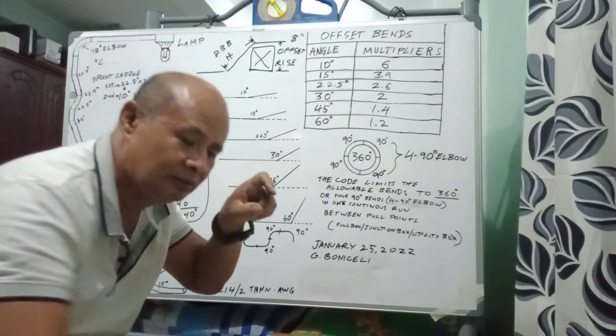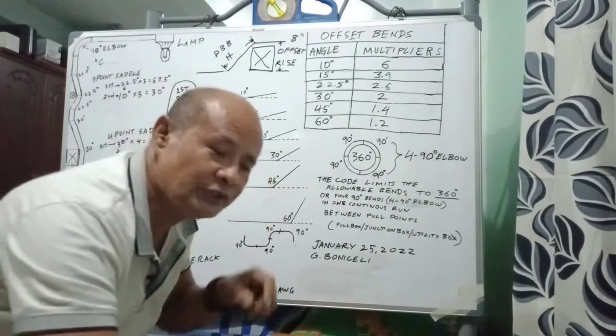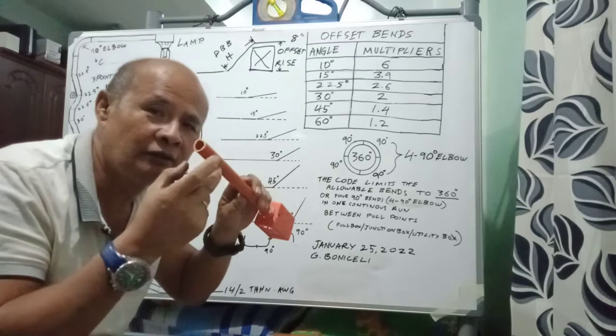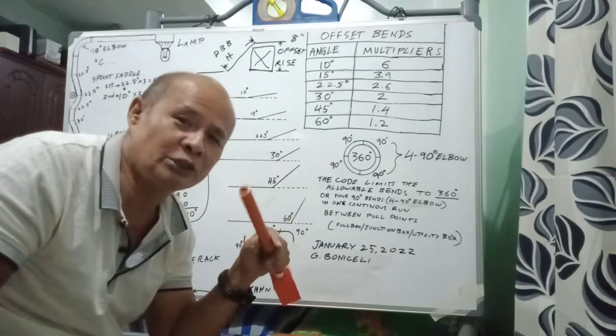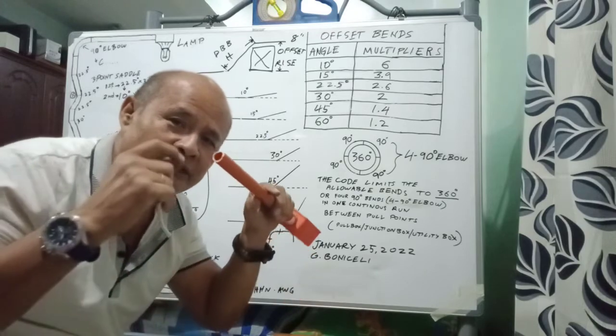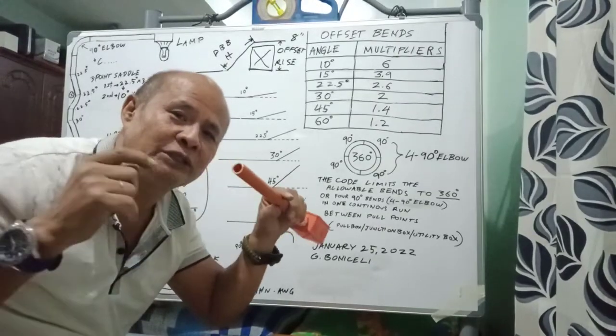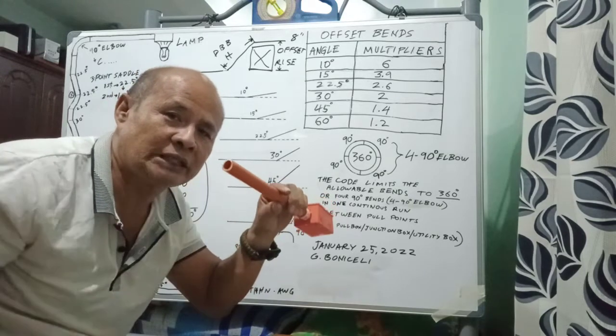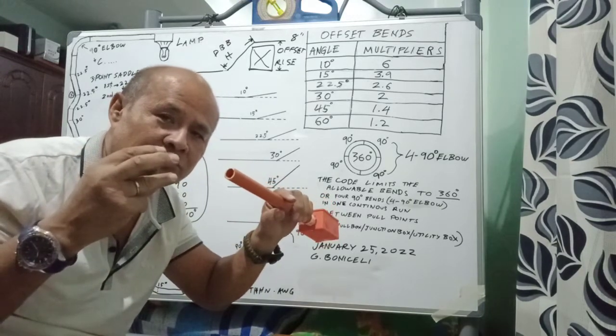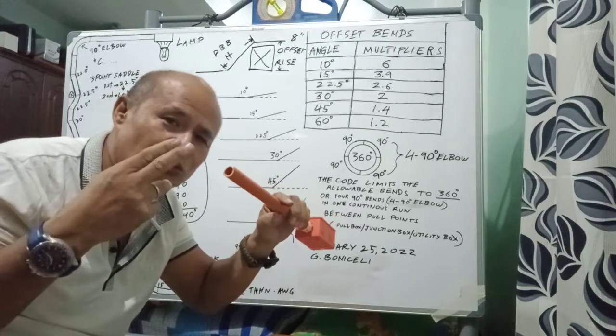What will happen? There will be restriction inside the conduit. Then what is the consequence? You cannot easily insert the conductors, let's say 4 conductors or even 2 conductors only.